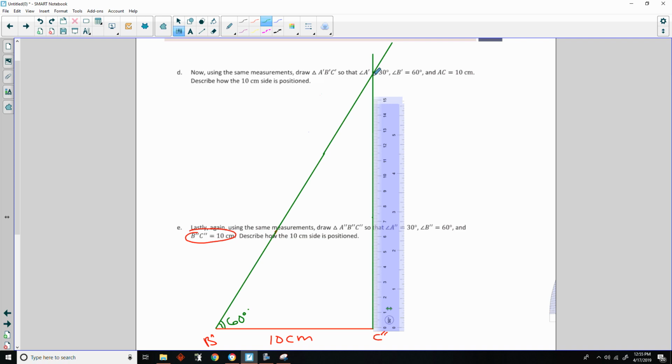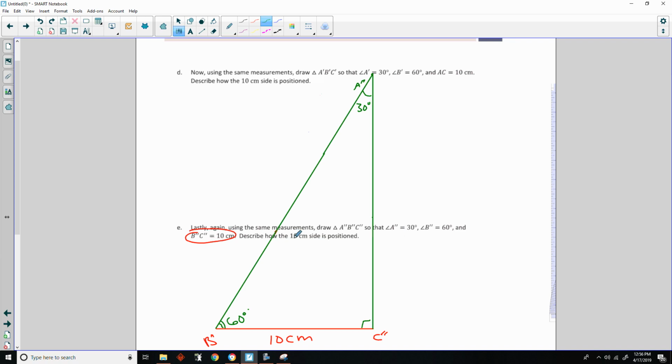And that's where they intersect, and there is my A double prime. This is A double prime right here. So I can erase my overlap. And that is 30 degrees because this was a right angle.